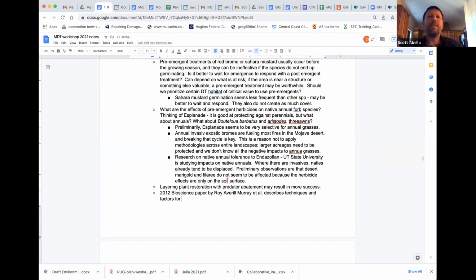Perhaps if we have a choice between doing a vegetation restoration action at two different sites and we're aiming it at the tortoise, we would want to select the site that has less common raven predation, where we might get a better outcome for tortoises. And if we then want to do that at the second site that has a lot of ravens, we would need to deal with the raven problem first before applying the vegetation restoration.